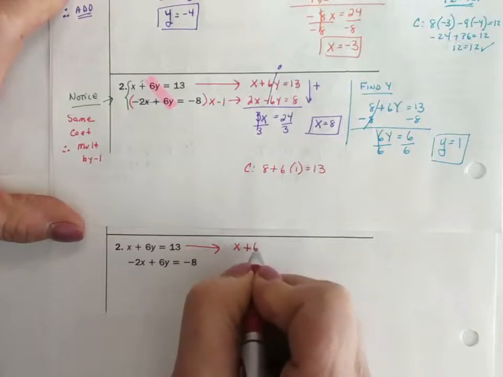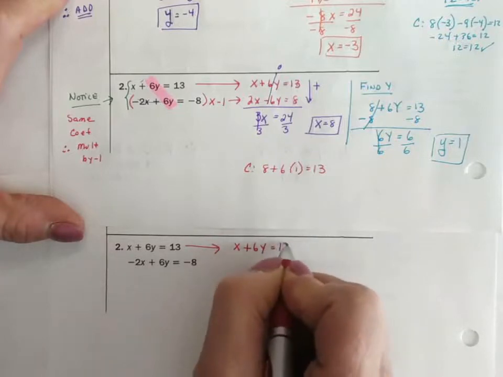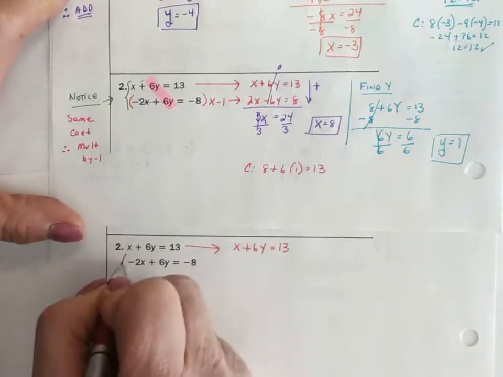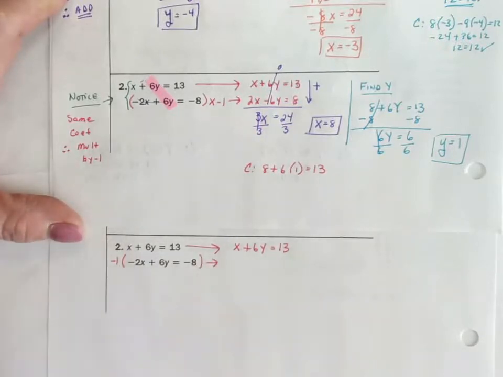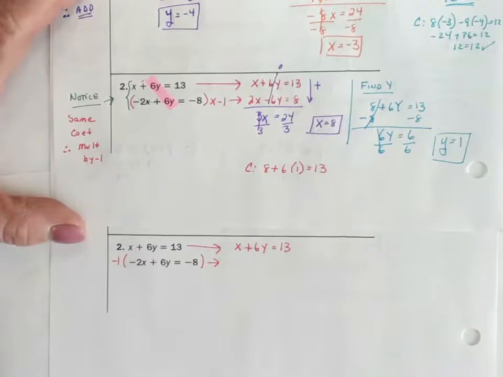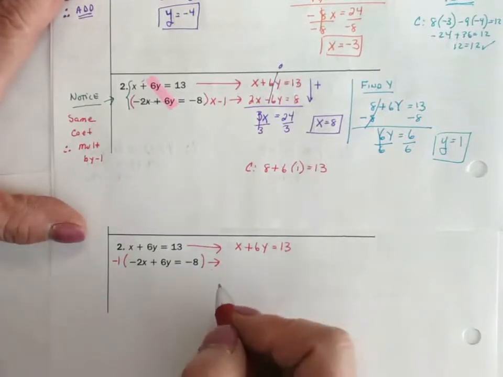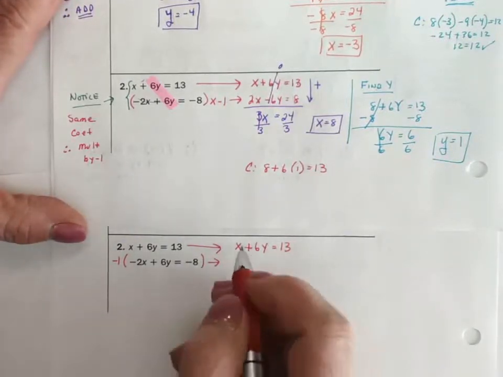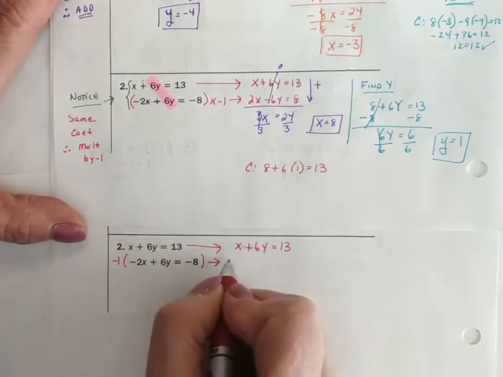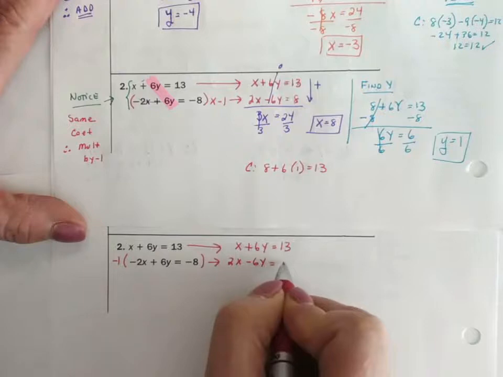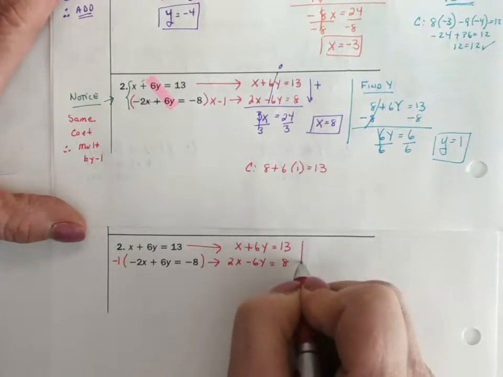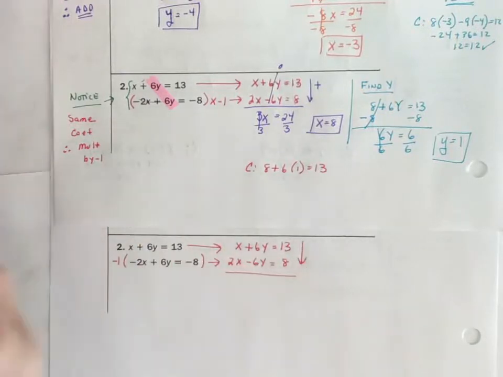So I'm going to go through my steps. And if you had a hard time understanding this the first time, then this will be great, because you'll see me do this again. And I see my mistake.